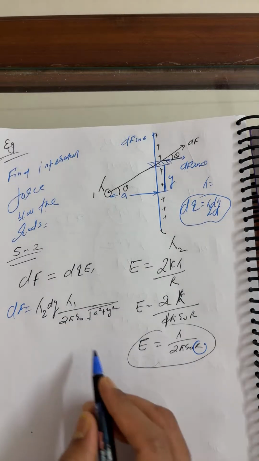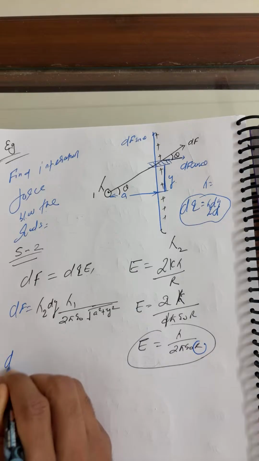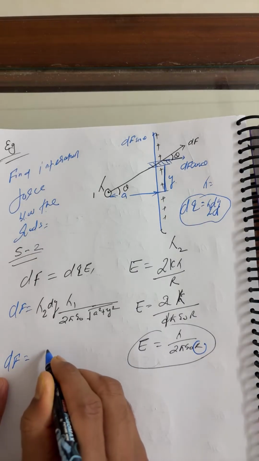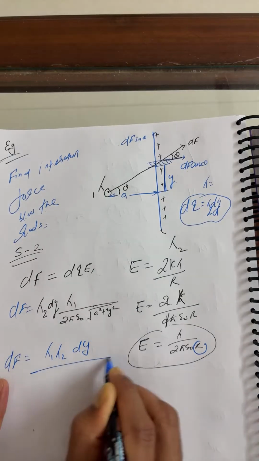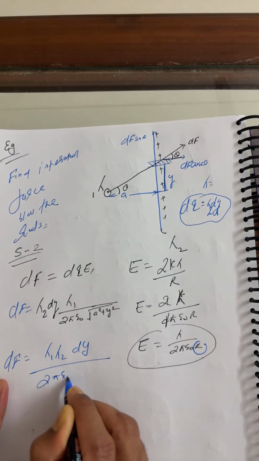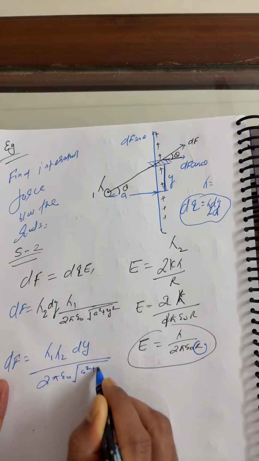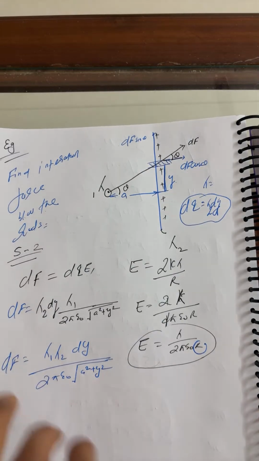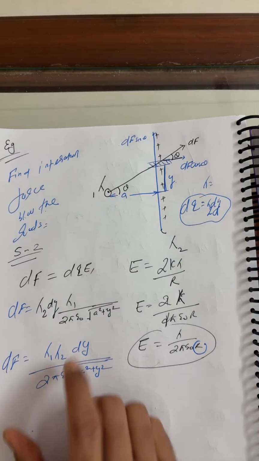So the expression of dF, which I'm rewriting again, is lambda 1 lambda 2 dy over 2 pi epsilon naught times the square root of a squared plus y squared.